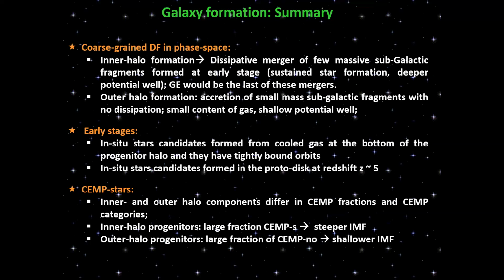We saw in the simulation that the majority are accreted. But there is also a disky component of the very metal-poor, probably about 1% if you consider the entire disk.